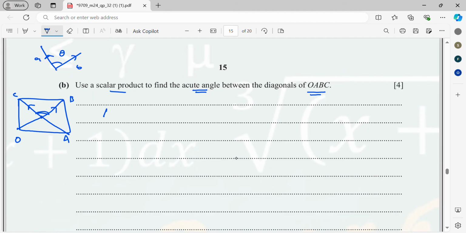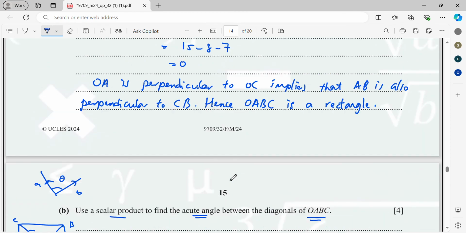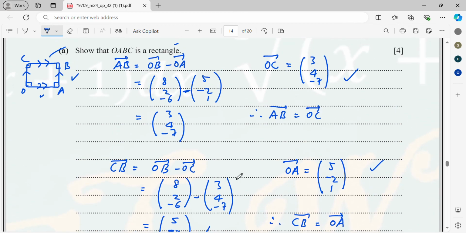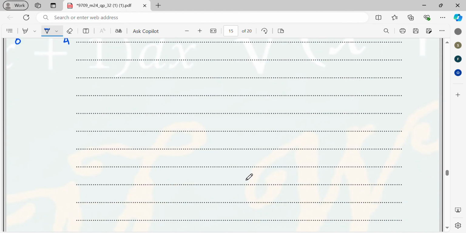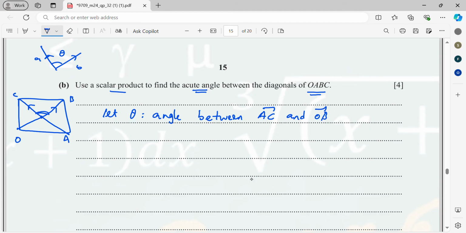I will just write, let theta be the angle between AC and OB. So now we need to find the vector AC. Vector AC is not given or available in the previous part. So vector AC is basically OC minus OA.